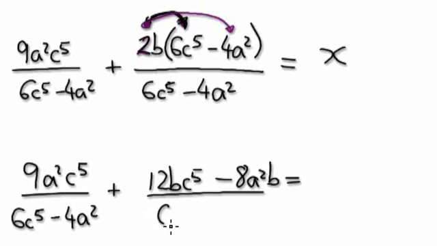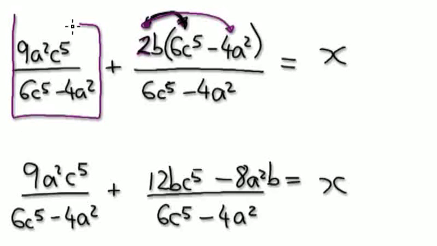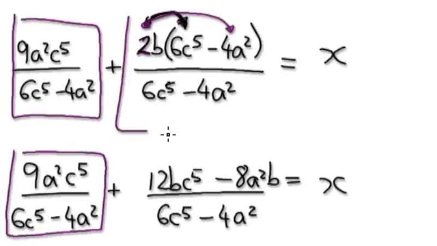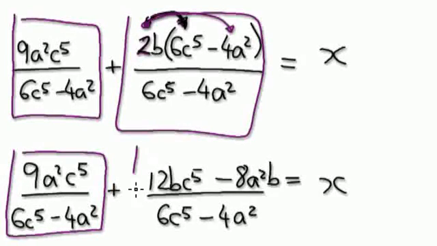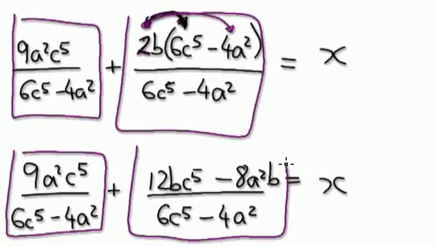And at the bottom it will be 6c to the power 5 minus 4a squared. Basically I'm saying this fraction is the same as this fraction here, and this fraction here is the same as this fraction here, but just written differently.